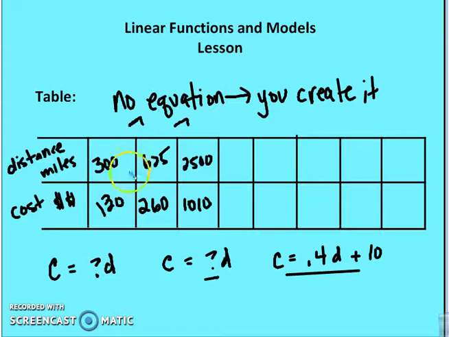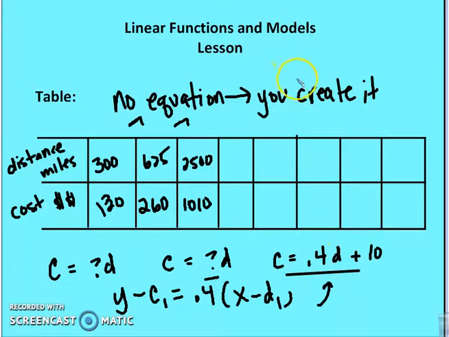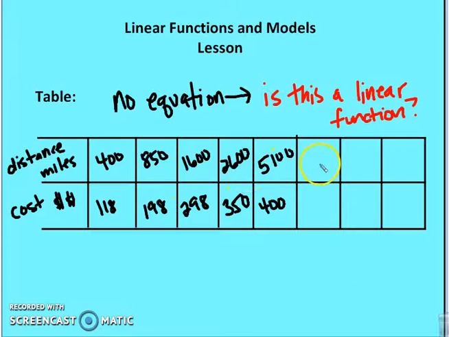We can say 130 and 300, and use the point slope formula, y minus y1, which would be c minus c1, is equal to the slope, 0.4, times x minus d1. Really we should say d minus d1, so I'm switching the variables here. Then you'll evaluate it into slope-intercept form and come up with the answer, c is equal to 0.4d plus 10.